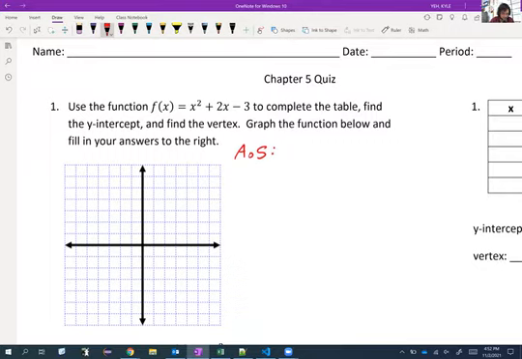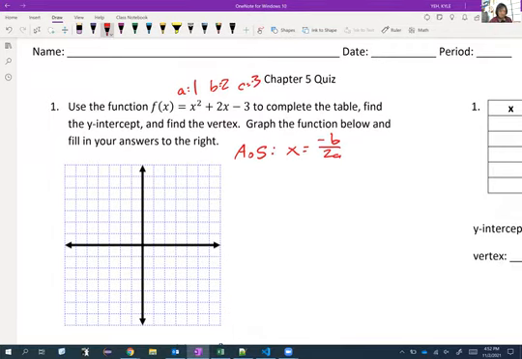And if you remember, the axis of symmetry is a vertical line, so it has the equation x equals negative b over 2a. So if you recall, a is the number of x squareds we have in our function. We have 1x squared, so a is 1. B is the number of x's. C is the constant, just that number there, so it's negative 3.